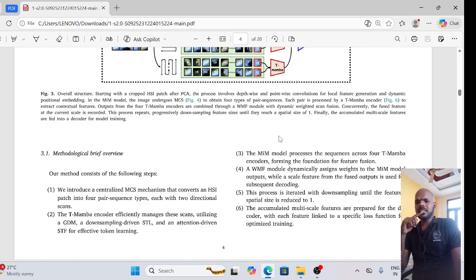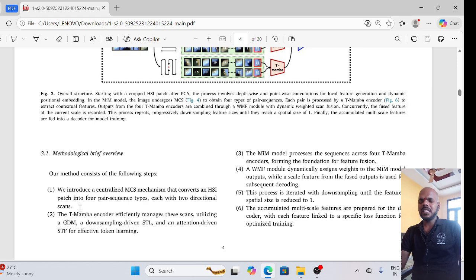There are different steps, and they will explain everything in a detailed manner. Now you can see section 3.1, methodology brief overview. They have different sections. Our method consists of the following steps. So they are explaining the steps of how they performed the experimentation. Now you can see we introduce the centralized MCS mechanism that converts the HSI patch into 4 sequence types for each 2 directional scans.